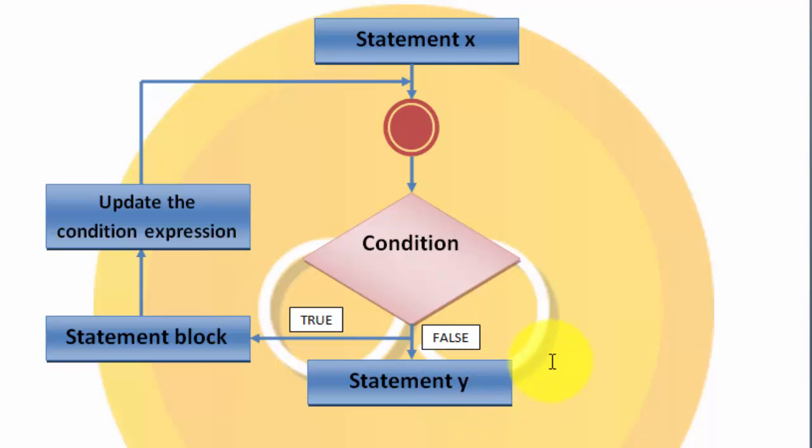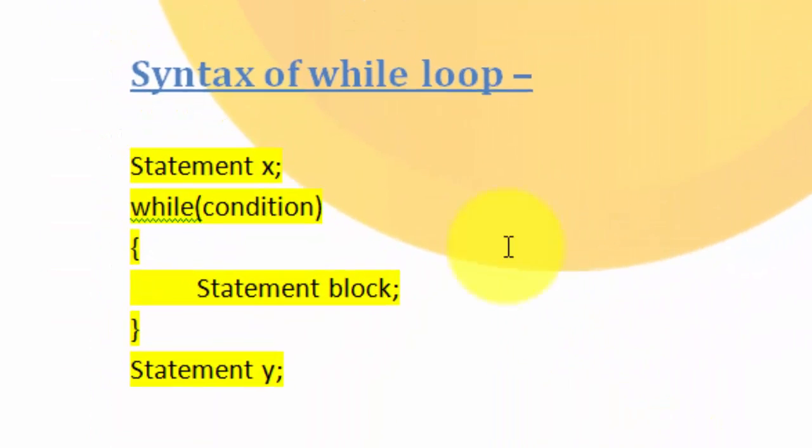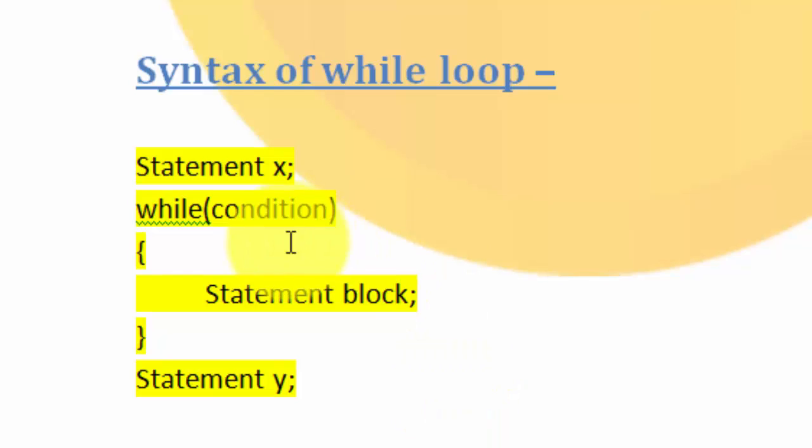So let's talk about the syntax of while loop. This is the syntax of while loop. We take a statement named x. In while, there is a condition, and this condition is matched as per the statement we have given.